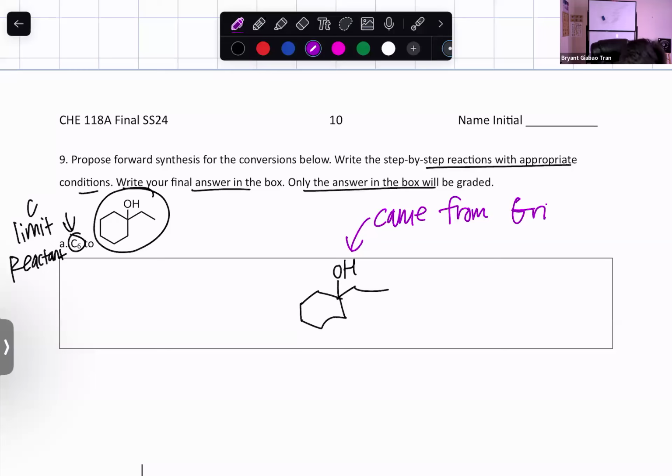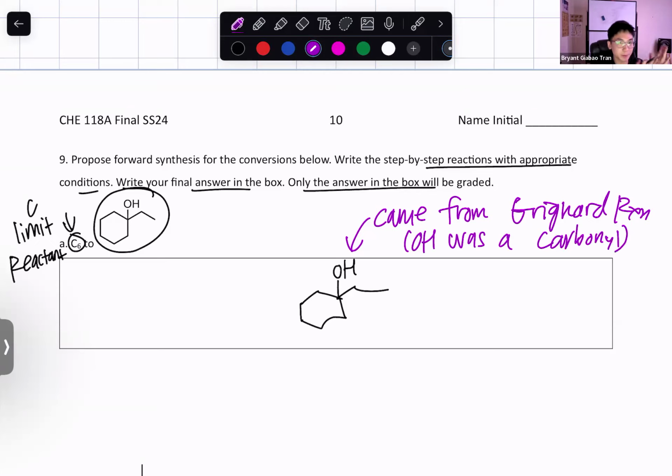alcohol with new R groups, we could say that this came from a Grignard reaction, right? Where the alcohol was a carbonyl, right? Because when the Grignard attacks the carbonyl, that carbonyl gets popped up onto the O minus, which gets protonated to OH, alcohol, right? So we see 6 carbons here already, which we could say is our starting material.